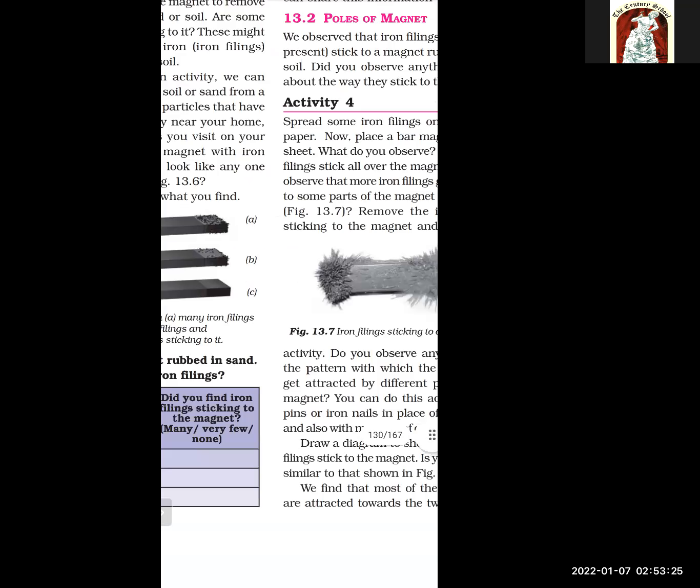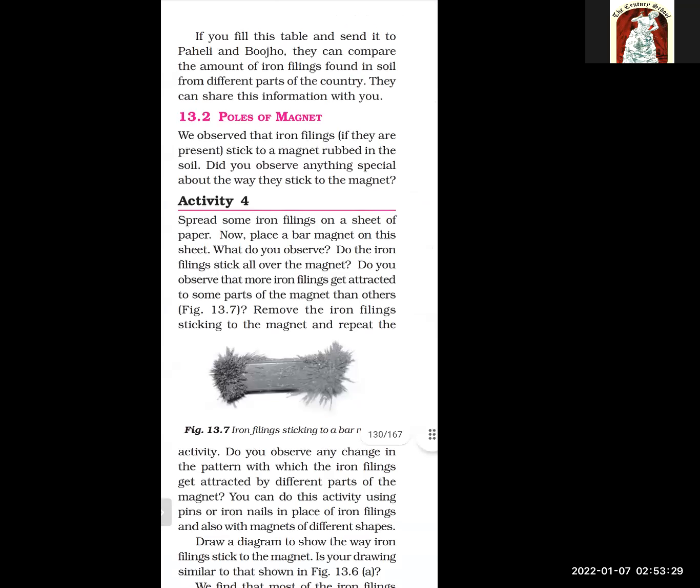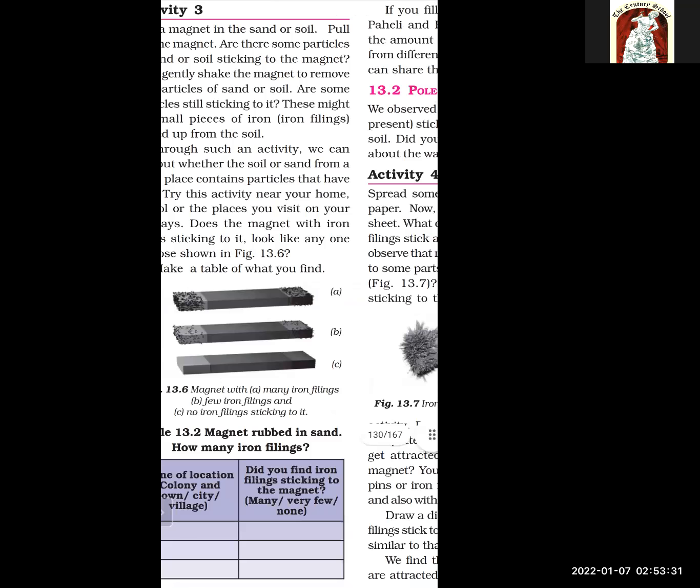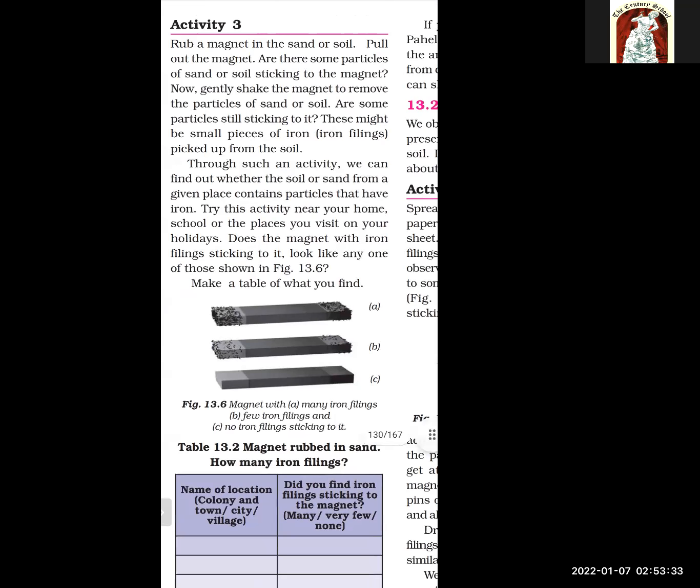So what is this activity? Firstly, we will take a bar magnet and then we will rub this magnet in the soil. If soil is not available, then we can do this experiment in the sand. After this, we remove the sand particles by shaking the magnet.